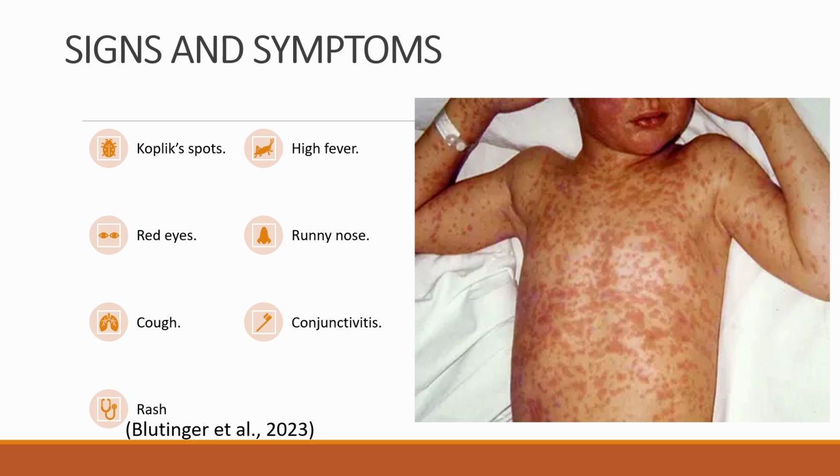A rash then develops during a 4-day period from the forehead to the upper extremities, trunk, and lower limbs. However, no rash appears in patients with defective cell-mediated immunity. Nevertheless, the virus may invade other organs in these patients.